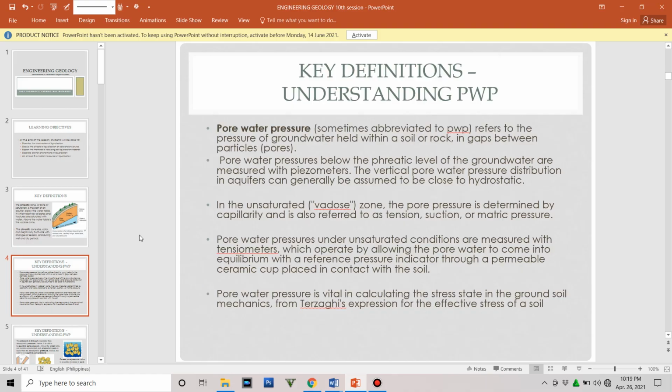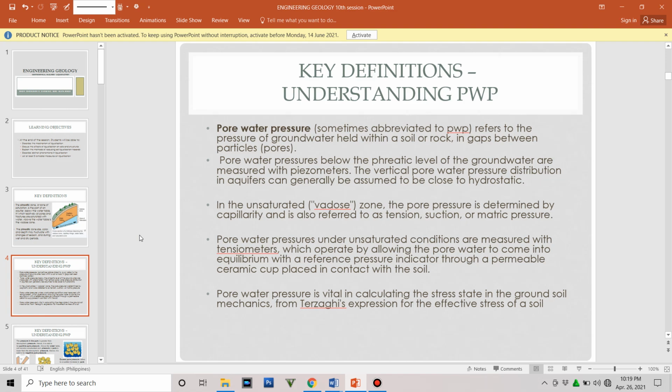This is a vertical pipe. The vertical pore water pressure distribution in aquifers can generally be assumed to be close to hydrostatic. Later on in your soil mechanics, geotechnical engineering, and hydraulics, you can expound your knowledge about this.